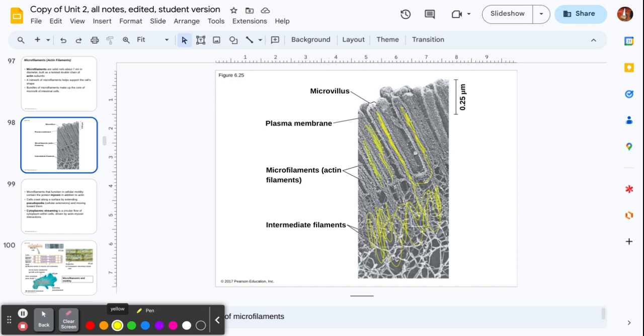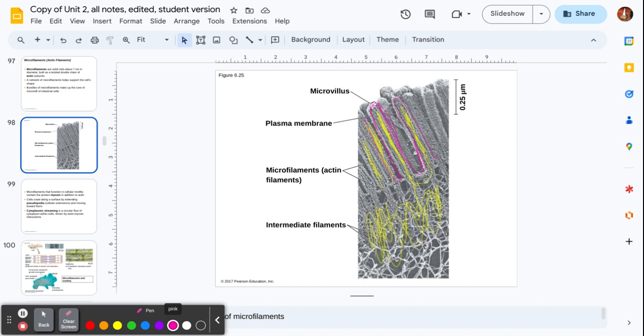Okay, but then around it, try pink, is the cell membrane.